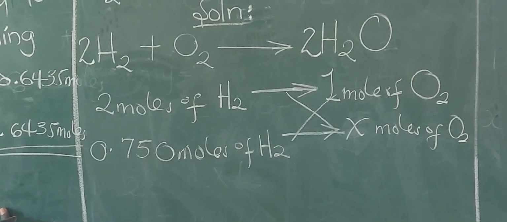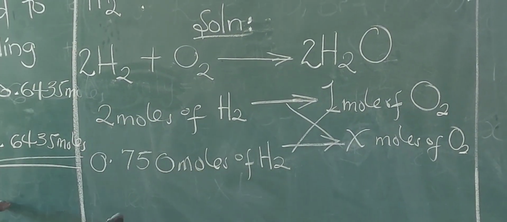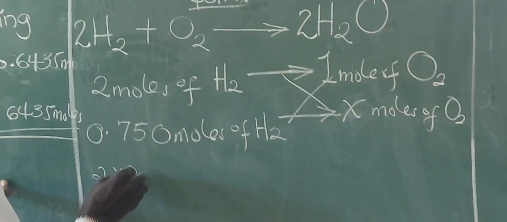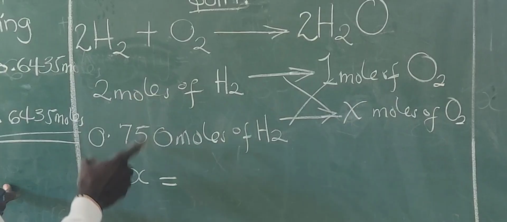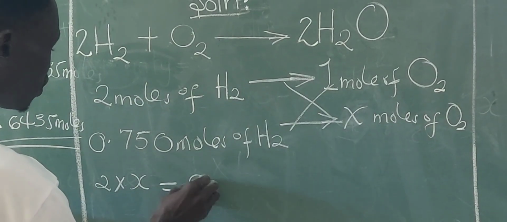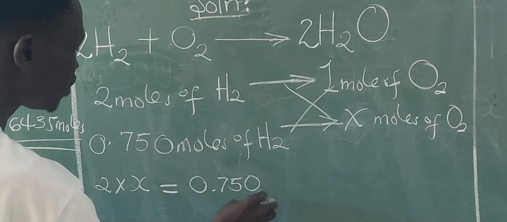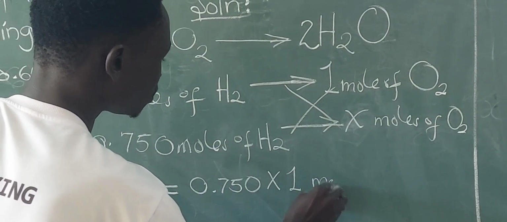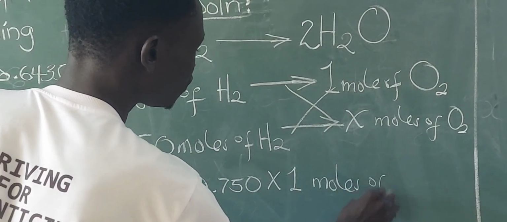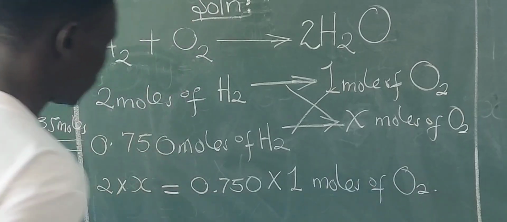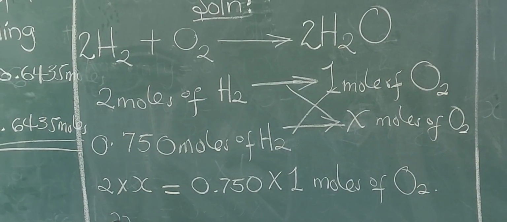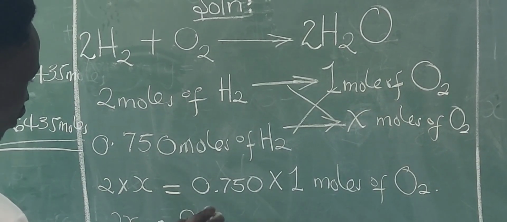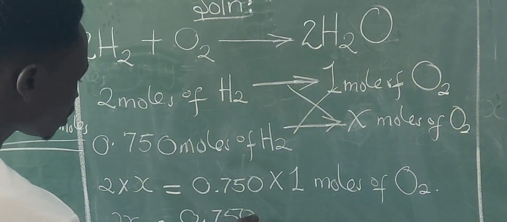So it is 2 times x equals 0.750 times 1 mole of oxygen. So 2x equals 0.750 moles of oxygen.